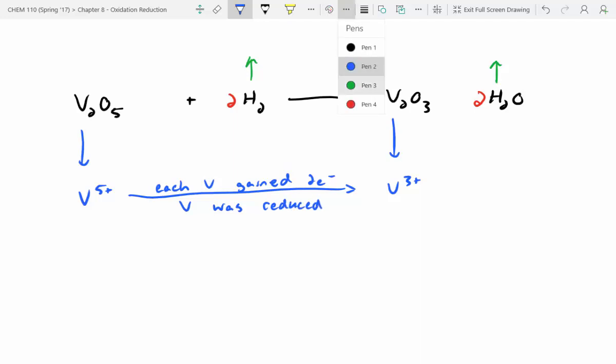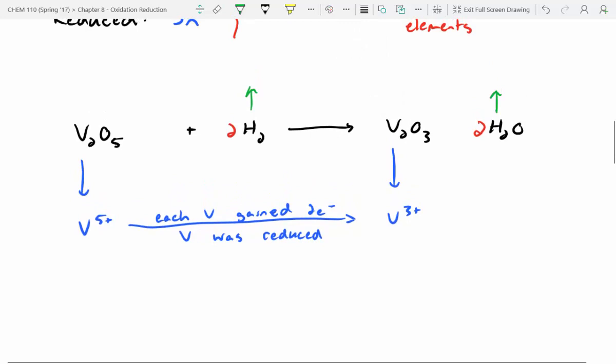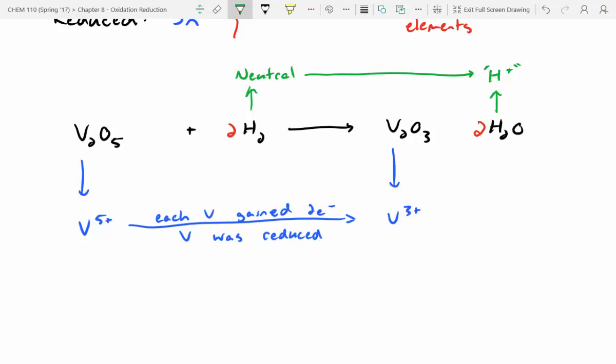Okay, and then up here, this looks pretty similar to our last problem. Hydrogen in this case was neutral. And then over here, we said hydrogen behaves somewhat ionic because it's attached to an electronegative atom. That means we treat this as H+, and I'll put that in quotes. All right, so in this case, each hydrogen lost 1 electron.